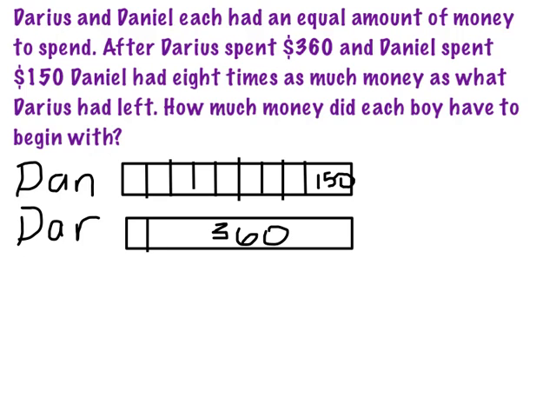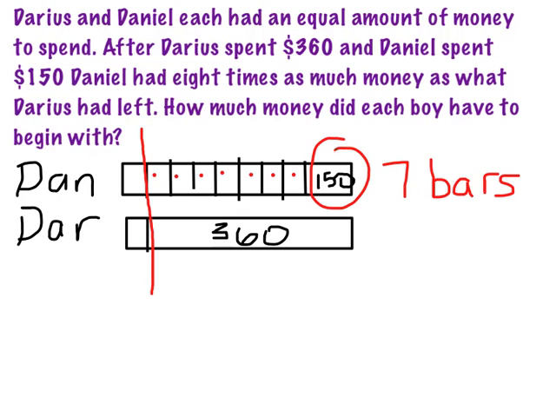Now that I have my diagram, I can see that 360 here is the same as 1, 2, 3, 4, 5, 6, 7 bars plus $150.